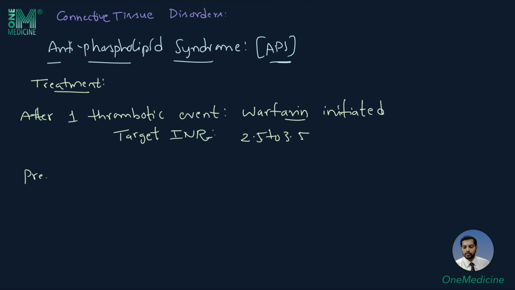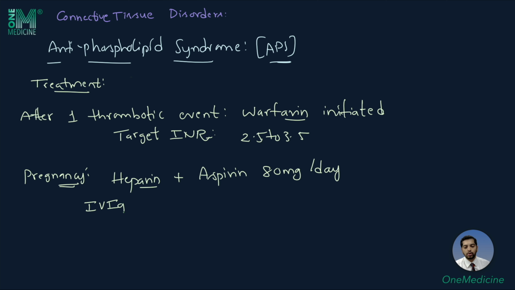In pregnancy, morbidity is prevented by usage of heparin, as warfarin is contraindicated, and patients will also require aspirin in the dosing of 80 milligram per day. Patients with recurrent pregnancy loss can be tried with IV immunoglobulins. An important thing to note is glucocorticoids are not effective.